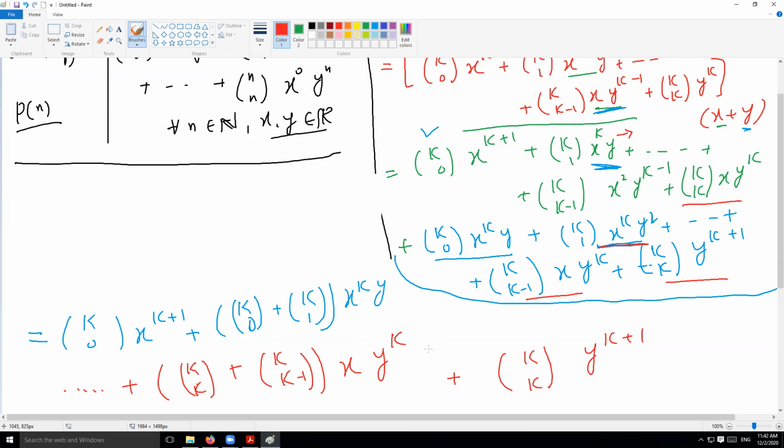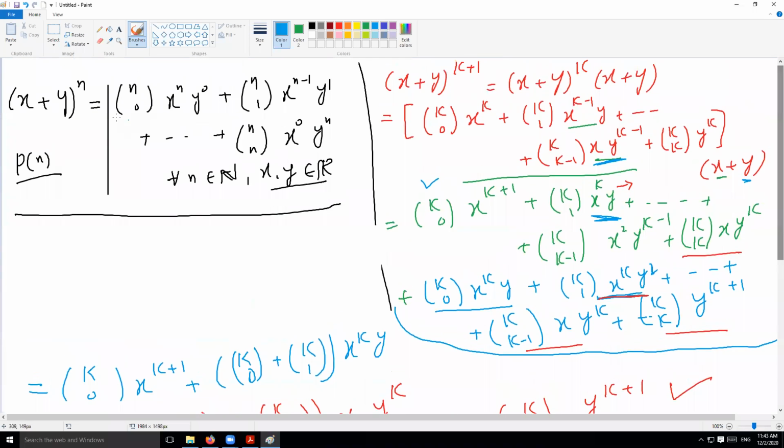Now here is my claim, that this is really the required expression that you want. But you're going to say, how could this be the required expression? Because if I substitute k plus 1 here, there must be a k plus 1.